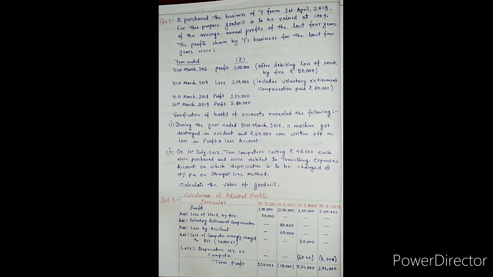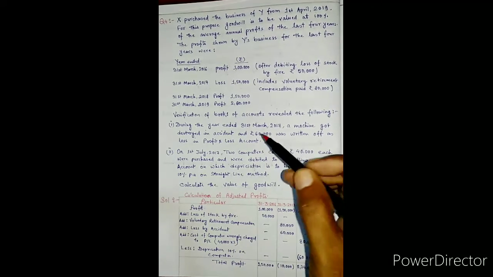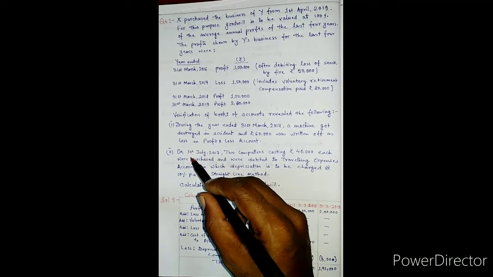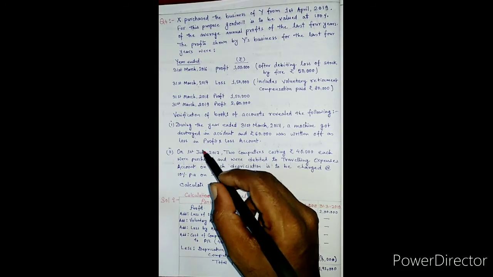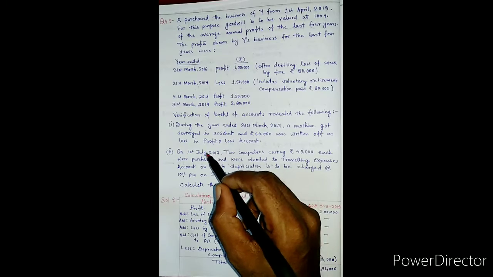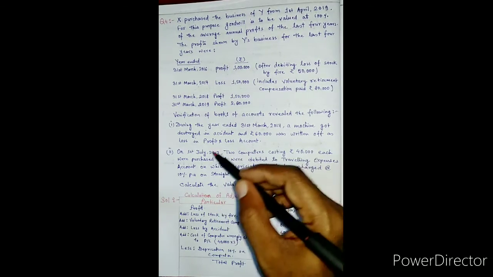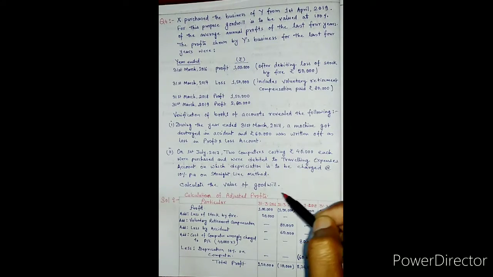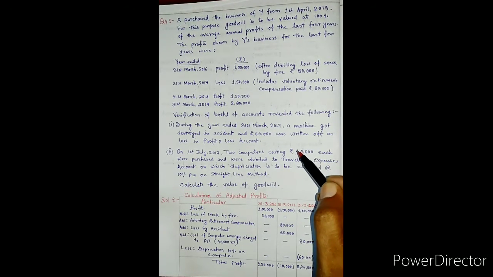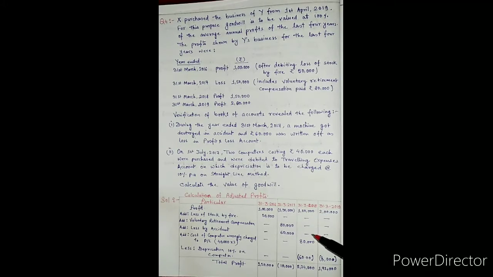Now we will see here that the computer was purchased on 1st July 2017. This means this accounting year is 17-18. So that's why we have recorded the total amount 80,000 in 2018, because the year is ending in 2018.